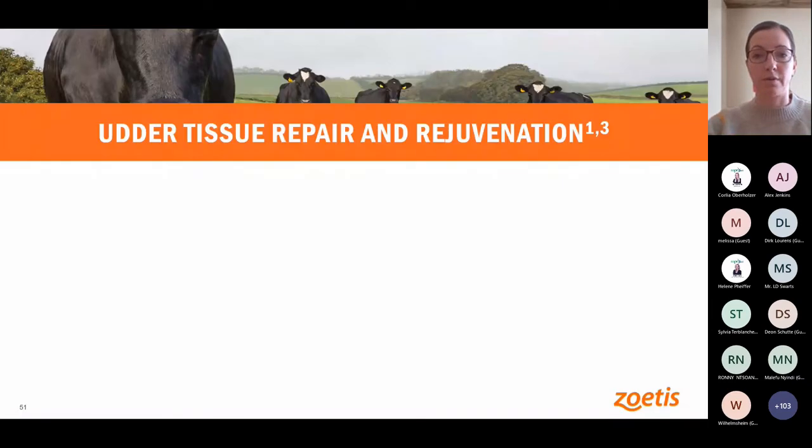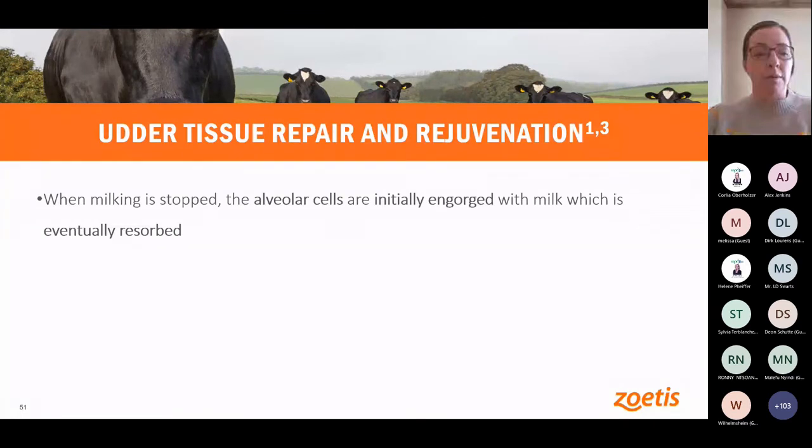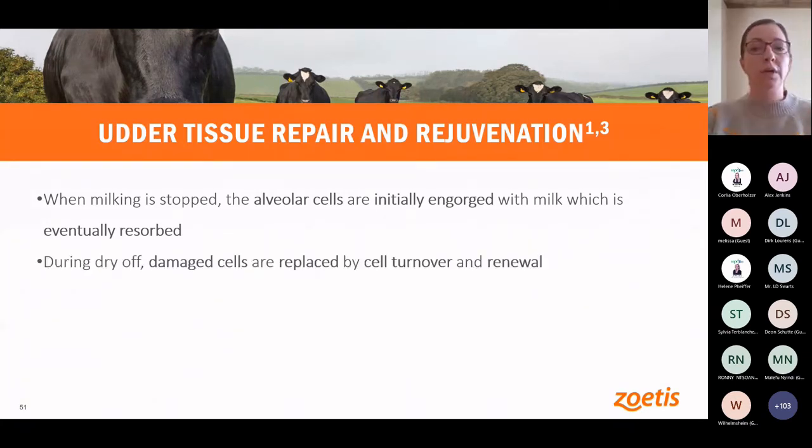All right, so remember, the dry period starts at the end of lactation, so we've stopped milking, right? These cells are still quite engorged with milk. There is still quite a lot of pressure there, all right? The milk is then eventually resorbed back into the alveolus cells, and the purpose of the dry period is that the damaged cells are replaced by cell turnover and renewal.